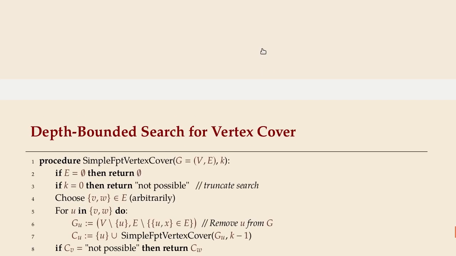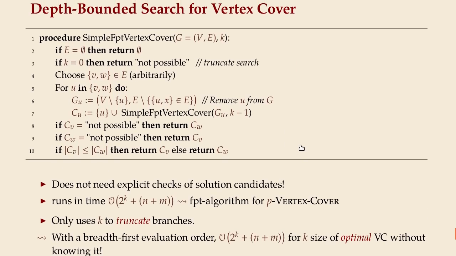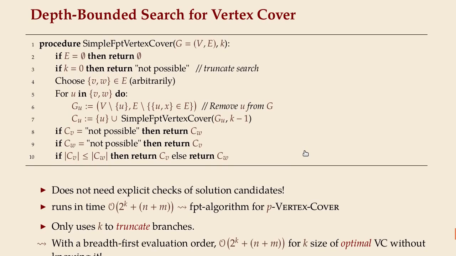So let's go back to vertex cover. And I thought it would be helpful to have the algorithm a bit more in detail. Last time I was a bit sketchy, and also I didn't specify the problem very properly. Now here we're looking at vertex cover, which is the optimization problem, and we're looking at the parameterized version of it. So it's exactly the new thing that I just talked about.